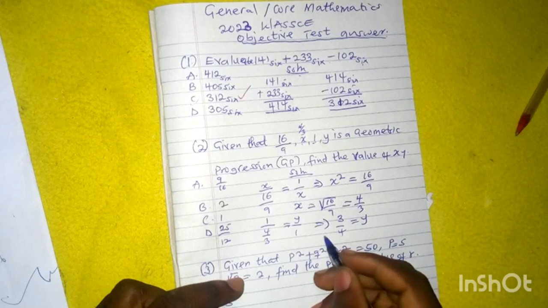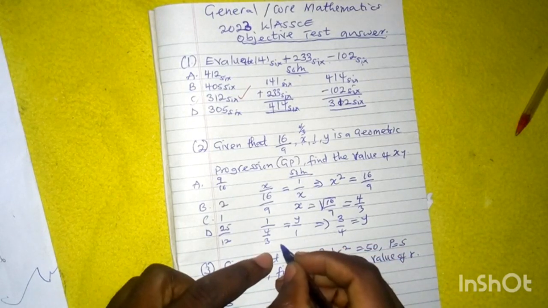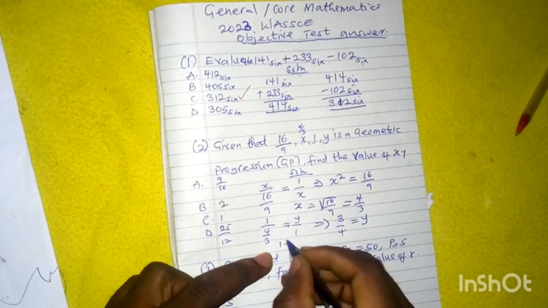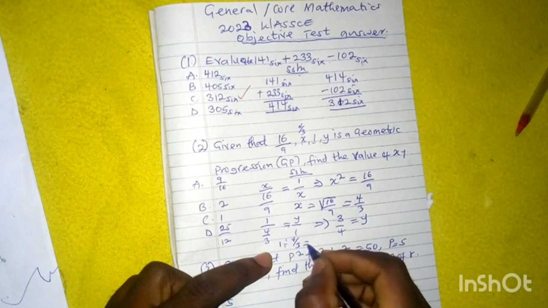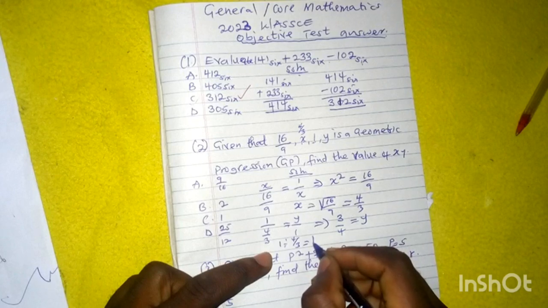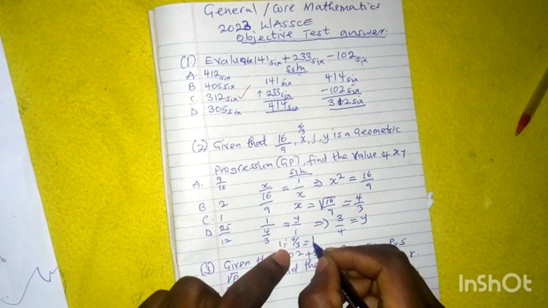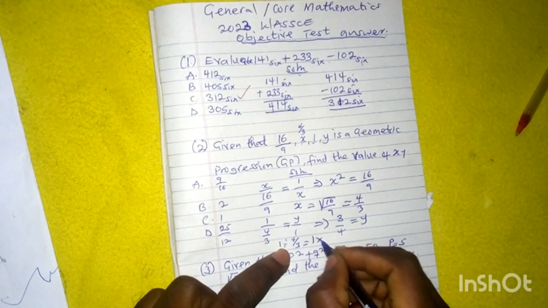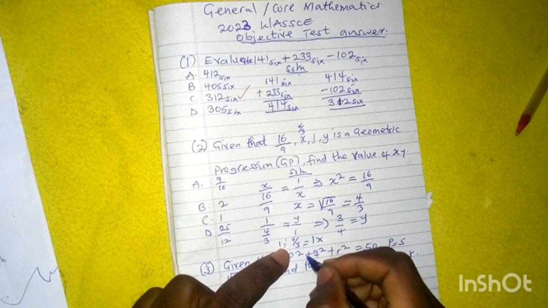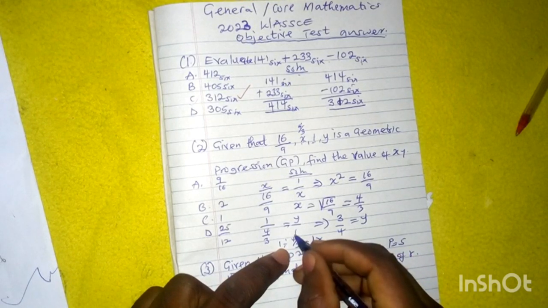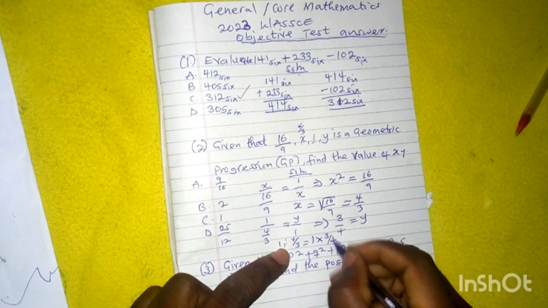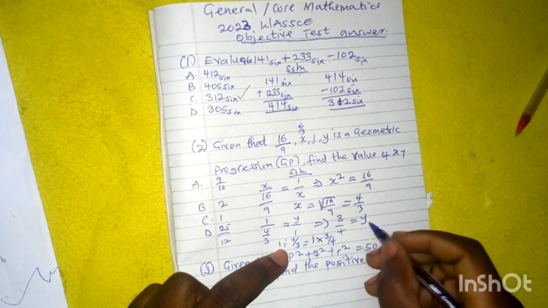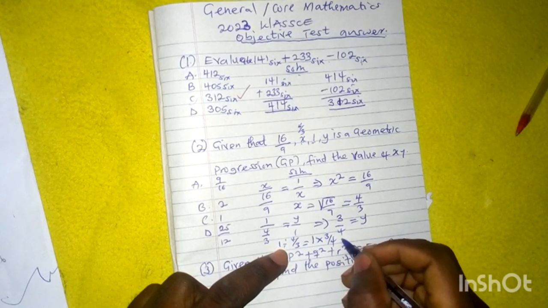Why did I say that? Because 1 divided by 4 over 3, we change the division sign to multiplication and we turn it, the denominator becomes the numerator and the numerator becomes the denominator. So it will be 3 over 4. So now we have y to be 3 over 4.